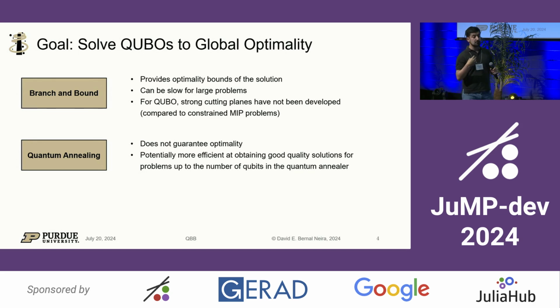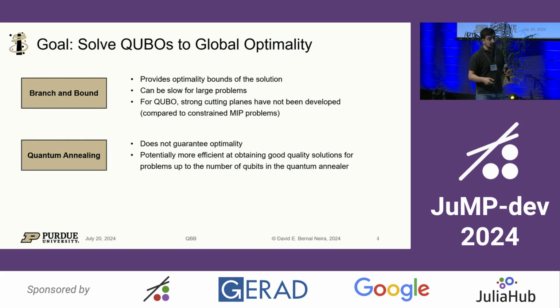So anyway, our goal was to solve these problems to global optimality. On one hand, we had branch and bound methods, classical optimization methods, which would provide us with guarantees to address these problems to global optimality. On the other hand, we had very cool, very interesting heuristics, which unfortunately, as the name already tells you, cannot give us convergence guarantees to global optimality.